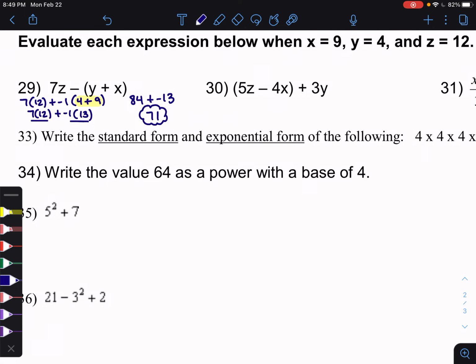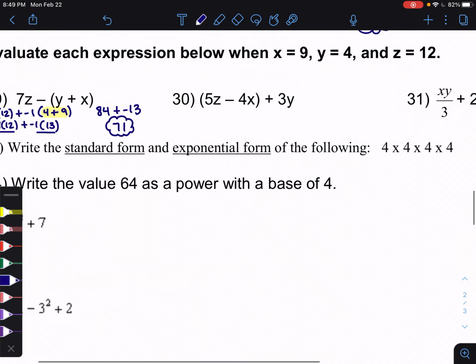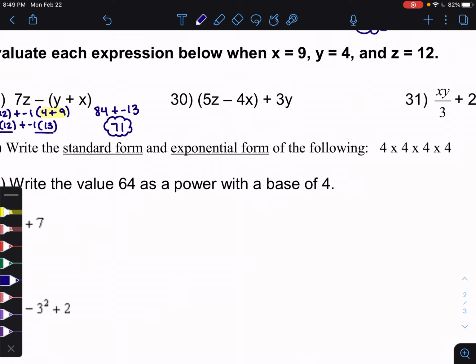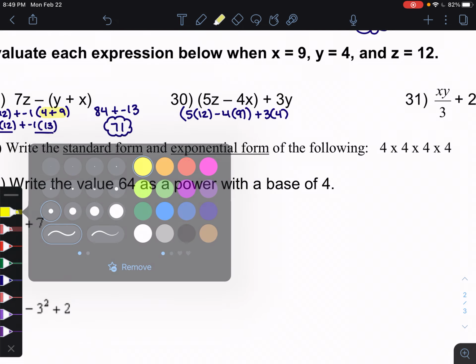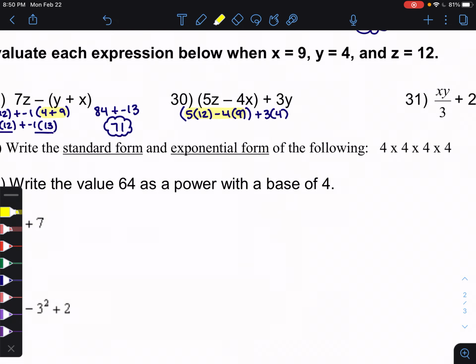For number 30, I've got 5 times z, which is 12, minus 4 times x, which is 9, plus 3 times 4. Again, I'm going to do the inside of my parentheses first.